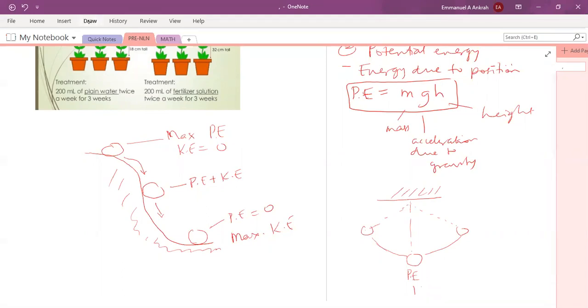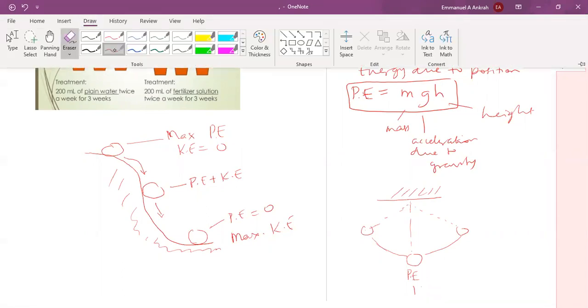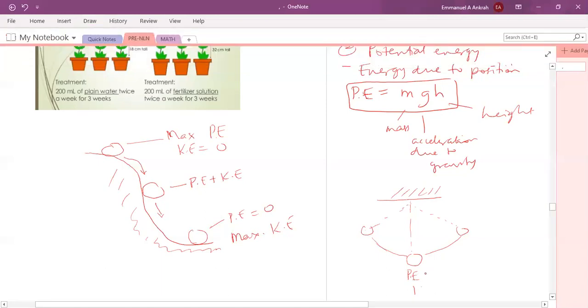The height is 0. So potential energy is 0 here because this is the resting stage. And then the kinetic energy at this level will be maximum. That's why it must move fast at this point.